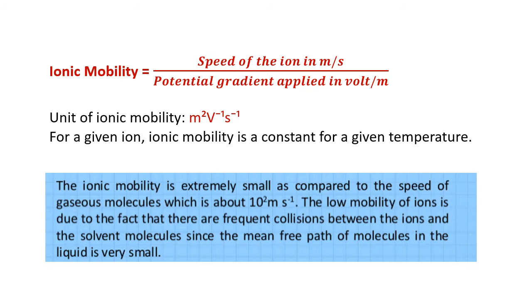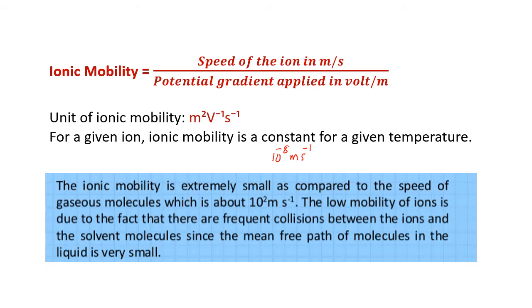So for a given ion, the ionic mobility is a constant for a given temperature, and the ionic mobility usually ranges in the order of 10 raised to minus 8 meter second raised to minus 1, and this value is extremely small as compared to the speed of gaseous molecules.